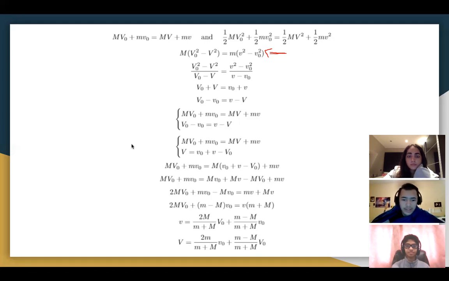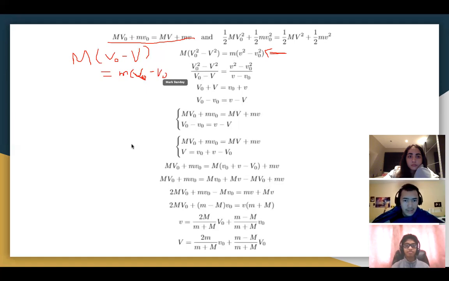And then we also have from our conservation of momentum that M times (big V naught minus big V) equals little m times (little v minus little v naught).